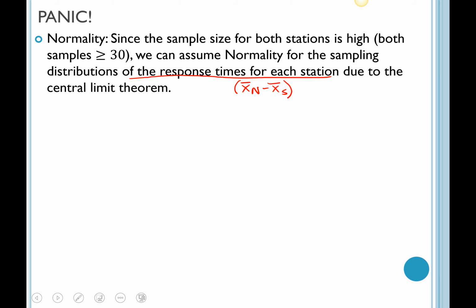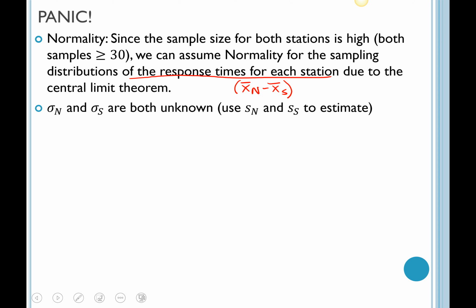And then here we should note that both sigma n and sigma s are unknown, so we must use s sub n and s sub s to estimate. All right, very similar to how we did one-sample t intervals, but now we're just doing it with a second sample.